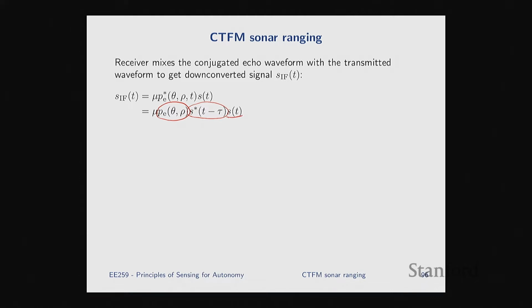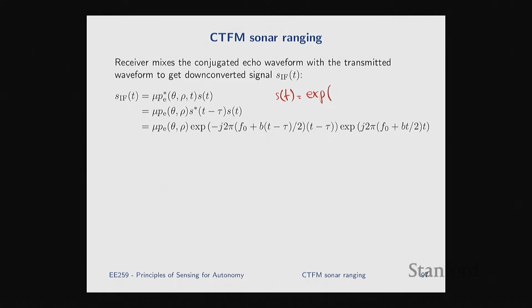And now we can plug in the expression that we have for that chirp signal. But remember, S of t was basically the exponential of something like j2 pi times (f0 plus bt over 2) times t.